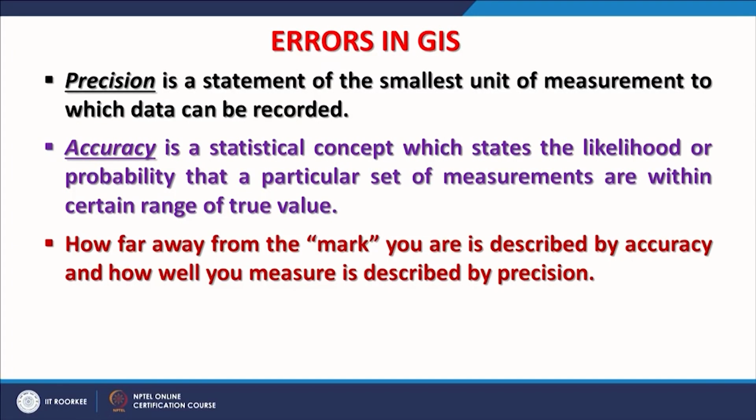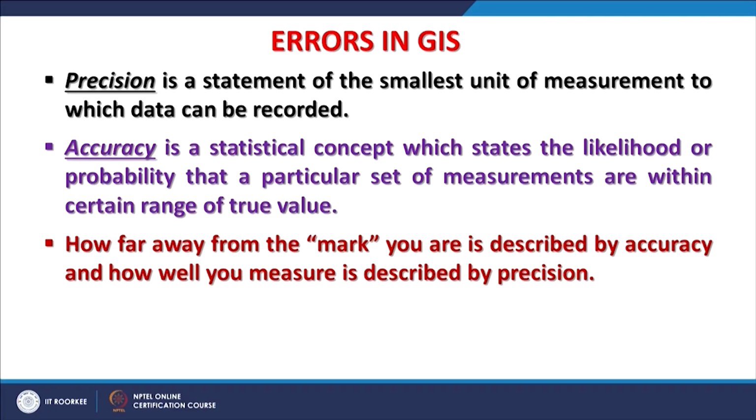But the measurement system, whether a scale or a sensor, will have its own precision. So, precision and accuracy are two terms very relevant in the errors in GIS discussion, but completely different, and should not be used interchangeably or synonymously. Accuracy may be stated as a percentage, or maybe with some units also. So, it may fall within 5%.